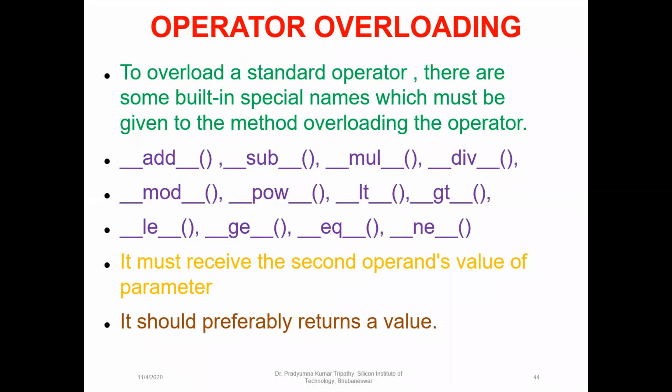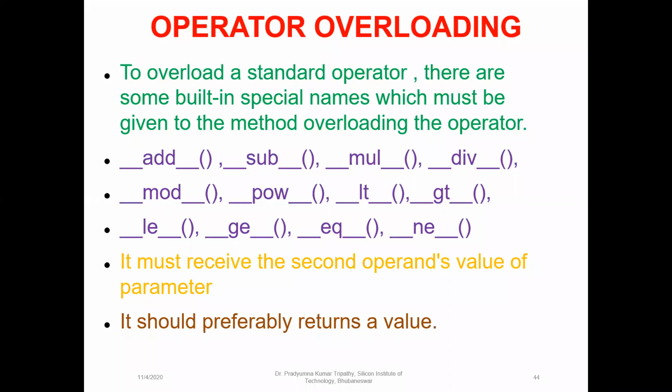It is saying that there are some operators like add, subtract, multiply, divide, mod, power, less than, greater than, less than or equal to, greater than or equal to, equal to, not equal to. So all these logical and arithmetic operators are here. These operators which can be overloaded have special built-in names. For plus, it is underscore underscore add underscore underscore. For subtract, multiply, divide, like that.